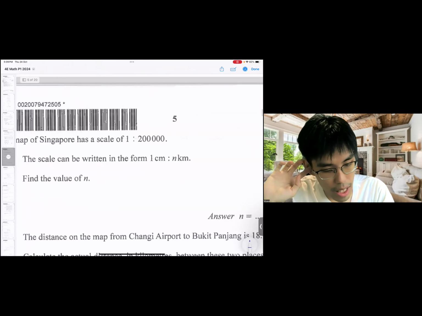Okay, explain why DC is not a tangent to the circle. If DC is a tangent to the circle, DC must be perpendicular to AC, so angle DCA must be 90 degrees. In this case, it's definitely not 90 degrees, because angle DCA equals 180 minus 60 minus 28, which is equal to 92.